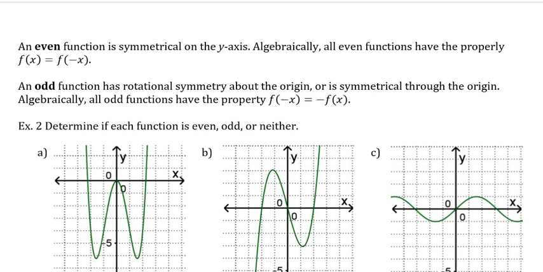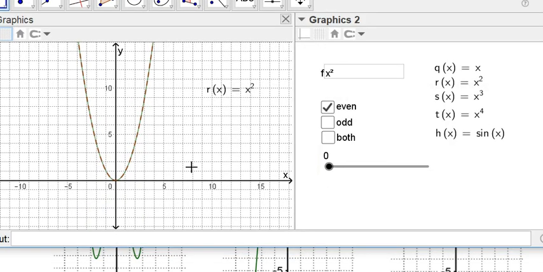Okay. So symmetrical on the y-axis. That's easy. Okay, that's visual. Watch this. What graph is that we're looking at? What do you think? Parabola, quadratic, y equals x squared. There it is, right there. It's the function r, y equals x squared.